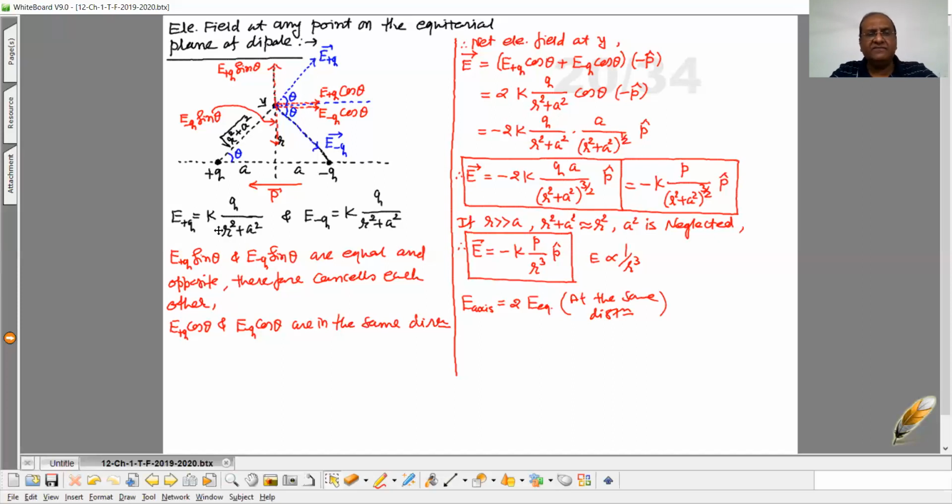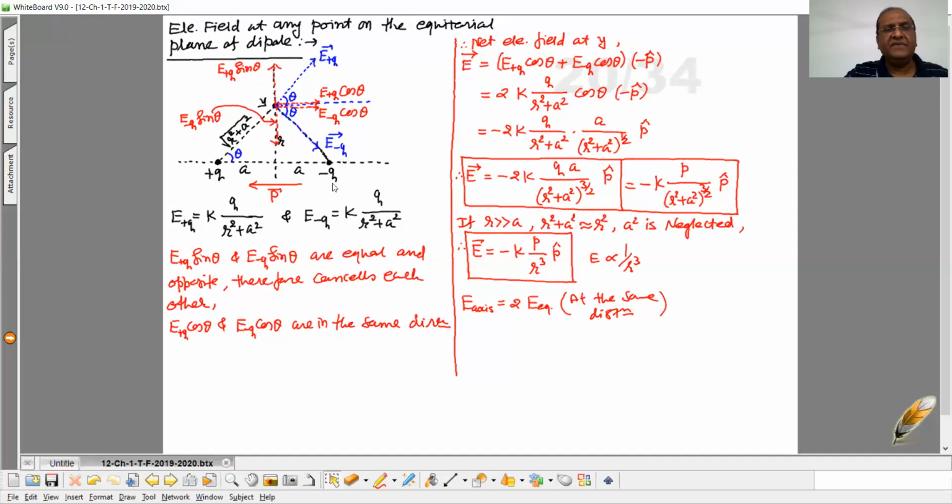So that is simply kq upon r square plus a square. And due to negative one, E minus q is equal to kq upon r square plus a square. Same way.